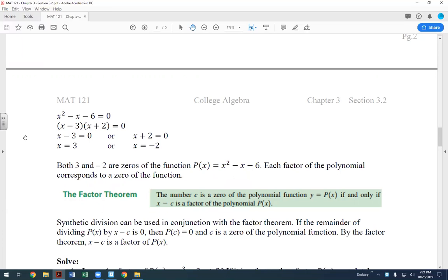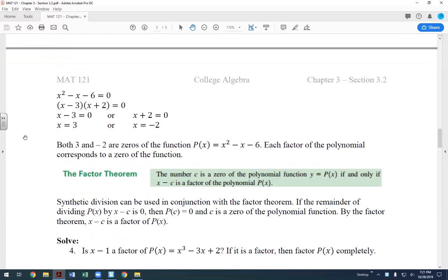Same thing here, if -2, when I plug it into my polynomial function, I get a 0, that means that -2 is also coming from a factor, which would be x minus -2. That's what makes it into x plus 2. So in this case, the factor theorem is specifically for the zeros of the polynomial. We are saying if any of these numbers are going to be a 0 for your polynomial, that means your polynomial can be factored into x minus whatever that number is.